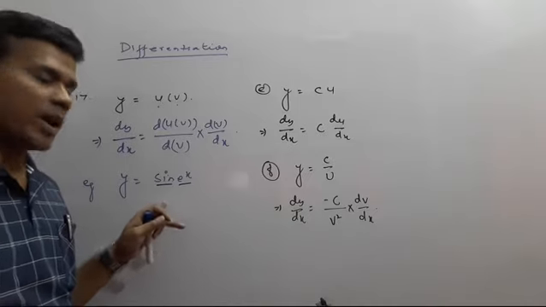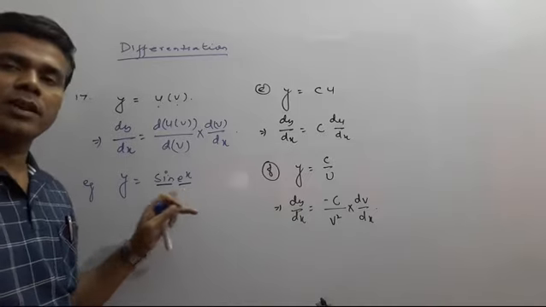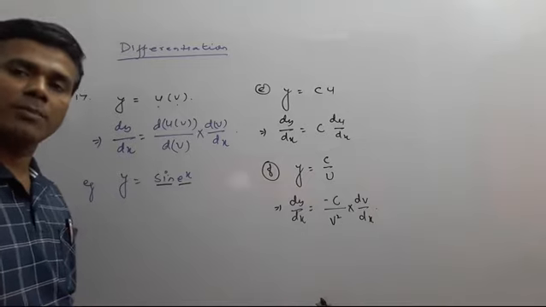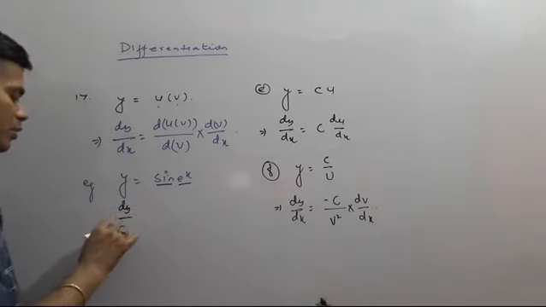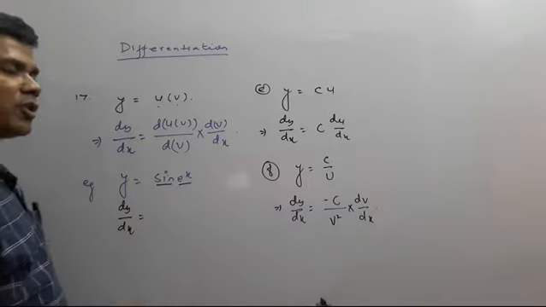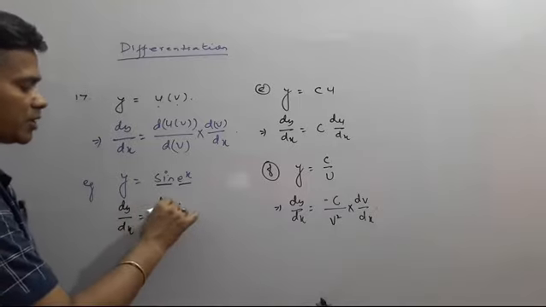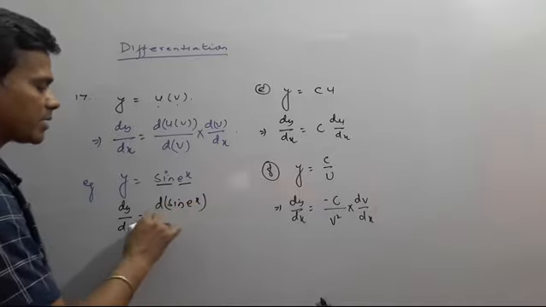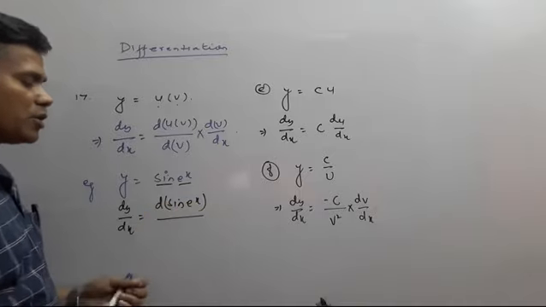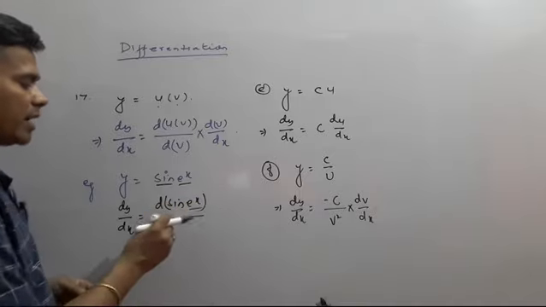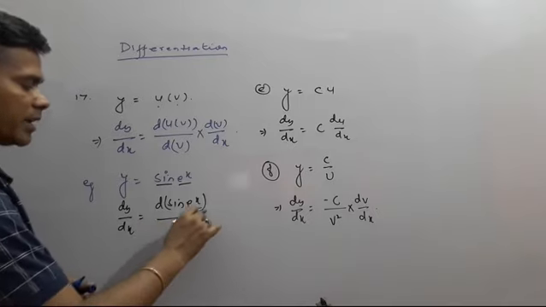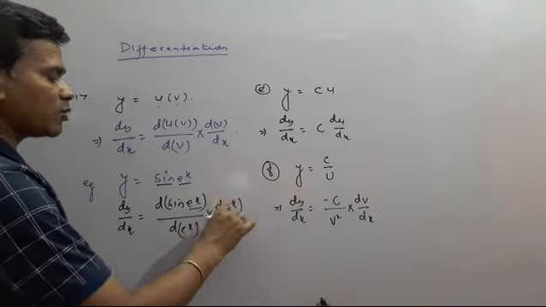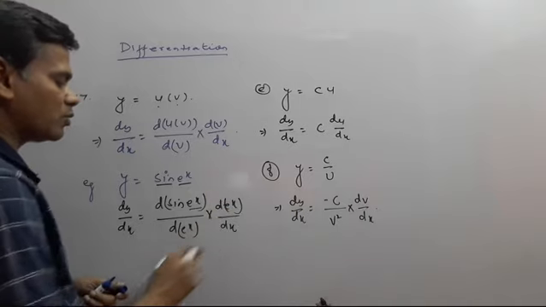No. So it is a composite relation, composite operation, and for that you will have to differentiate. So sine depends upon e to the power x. So sine will be differentiated with respect to e to the power x. Next, the differentiation of e to the power x with respect to x.